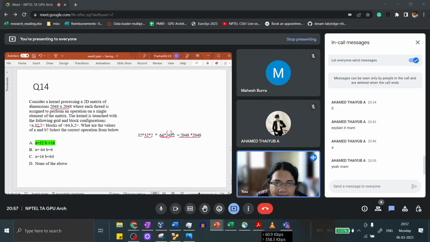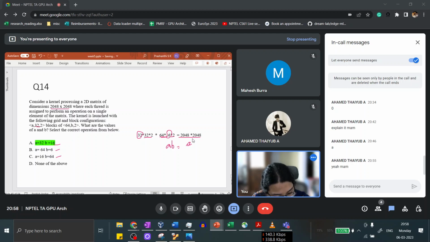So you will get something like A cross B equal to some value of x, right? And what you then do is to multiply each of these things and see if they come out to be the x value that you have. For instance, here 32 into 2 becomes 64, and this becomes 64 into 64 into 2.